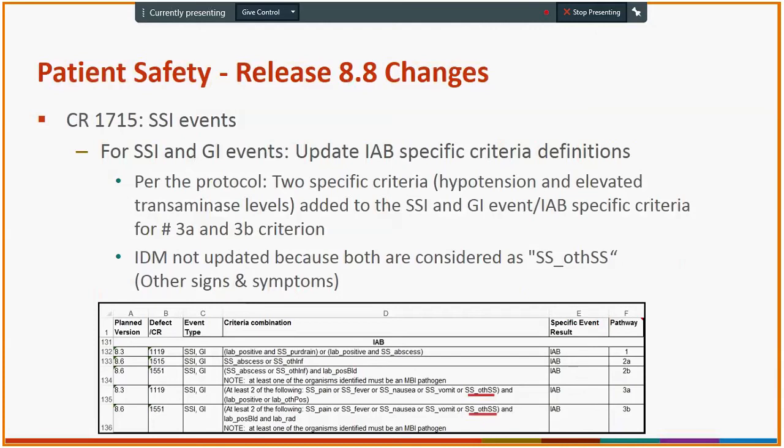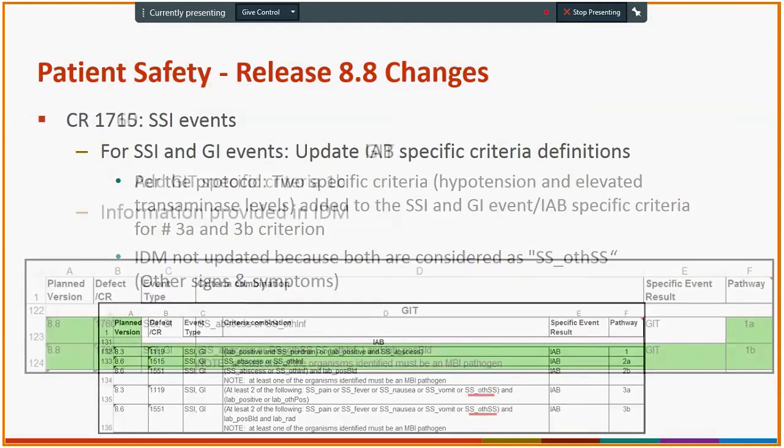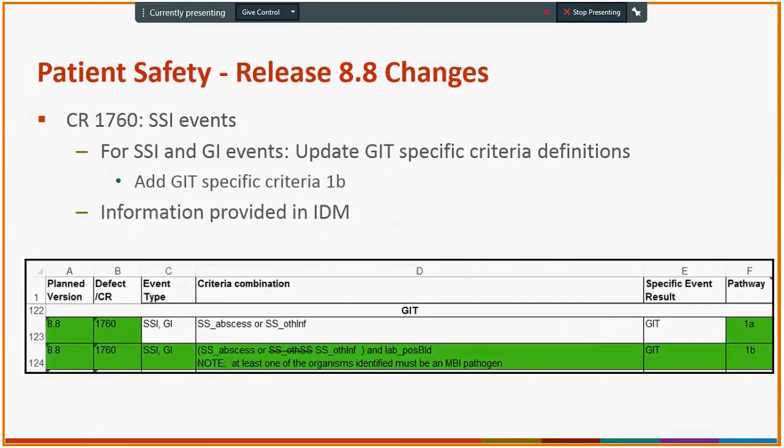They are hypotension and elevated transaminase levels. These are both considered as other signs and symptoms. The IDM did not need to be updated because other signs and symptoms is already included for 3A and 3B. Be sure to refer to the IDM specific criteria VR tab for the details. Next slide.